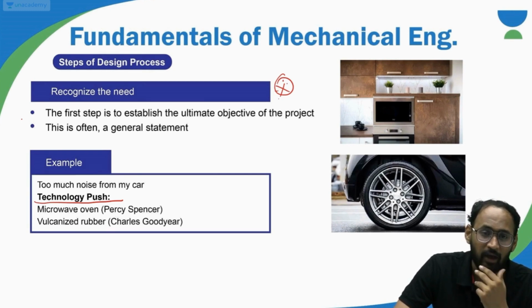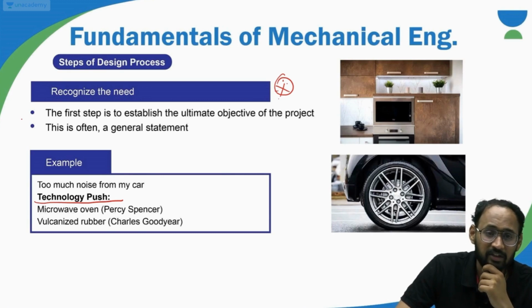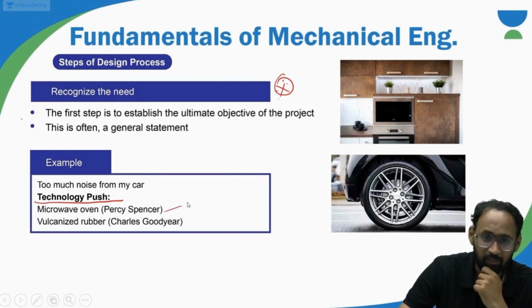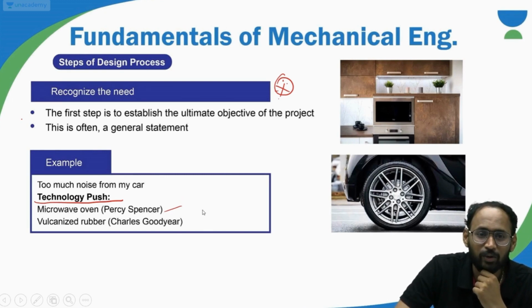Okay, and in a lot of places you may also have a technology push. Say, for example, the invention of microwave technology, right? I think Percy Spencer invented this technology, and initially his intention was not to create it for kitchen appliances.